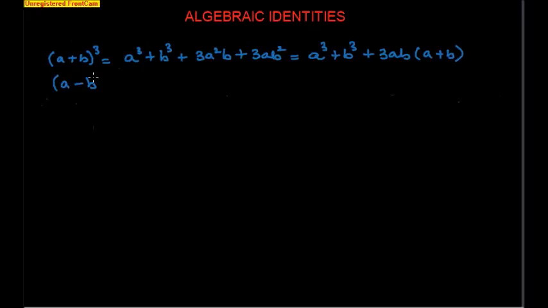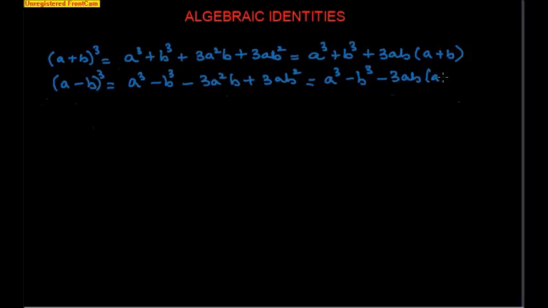Next we have (a − b)³, and we get a³ − b³ − 3a²b + 3ab². This can be written as a³ − b³ − 3ab(a − b).